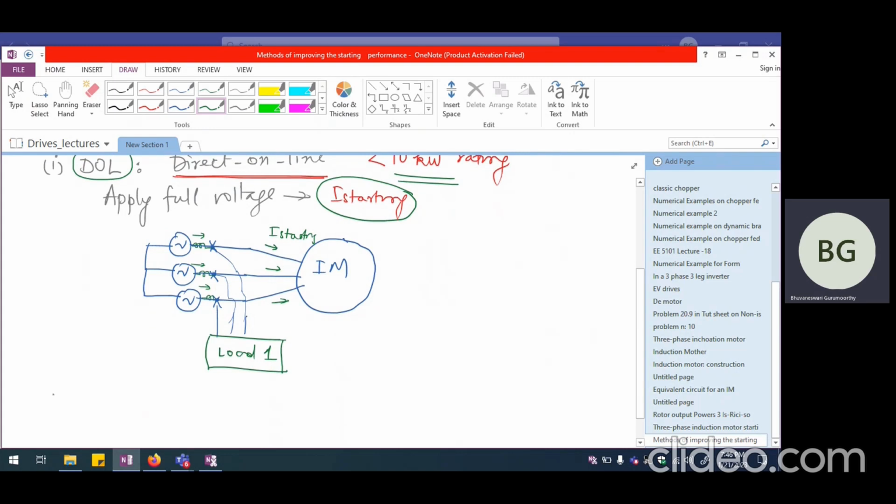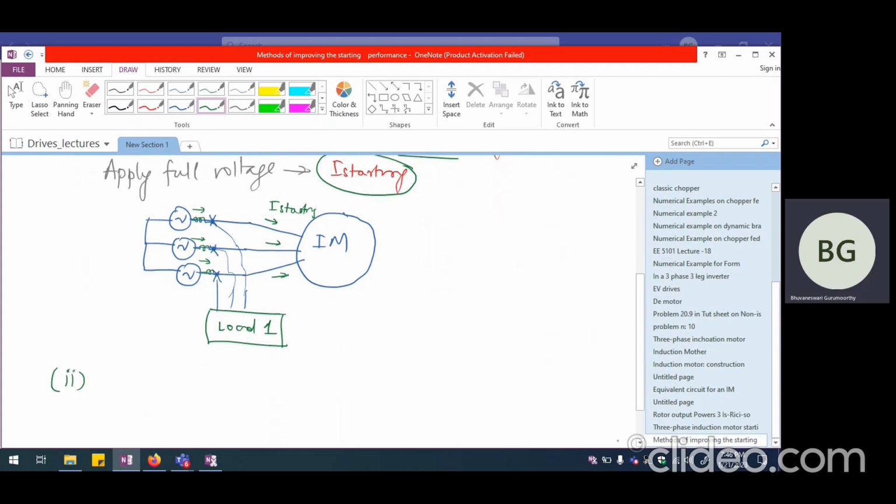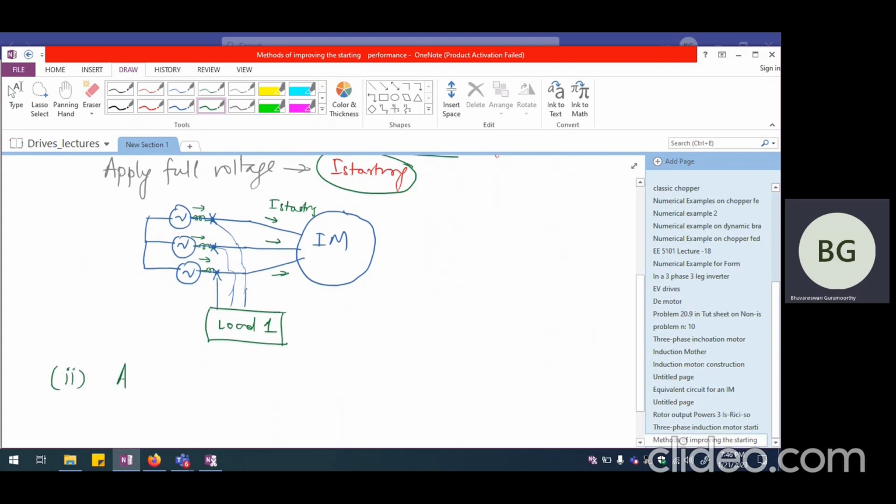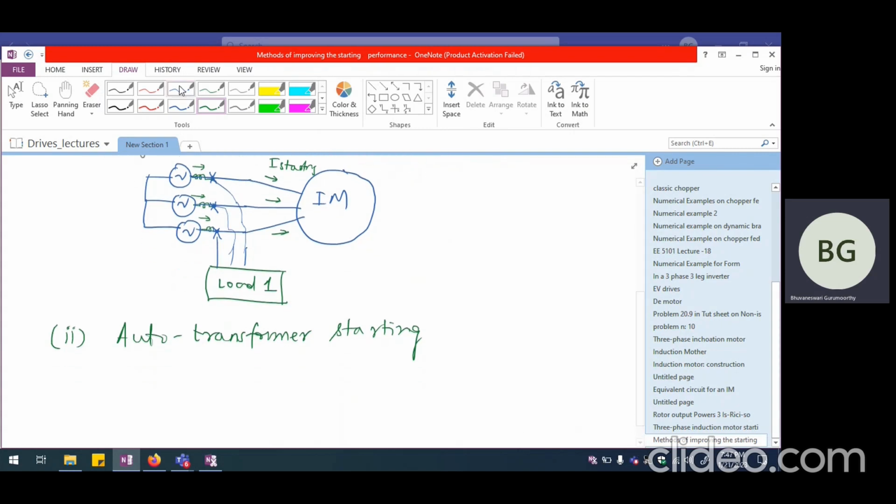So the second method of starting, which I'm going to discuss here, is auto transformer starting, which is very commonly used in many laboratories. Whenever we start an induction motor in a laboratory, we use this auto transformer starting.